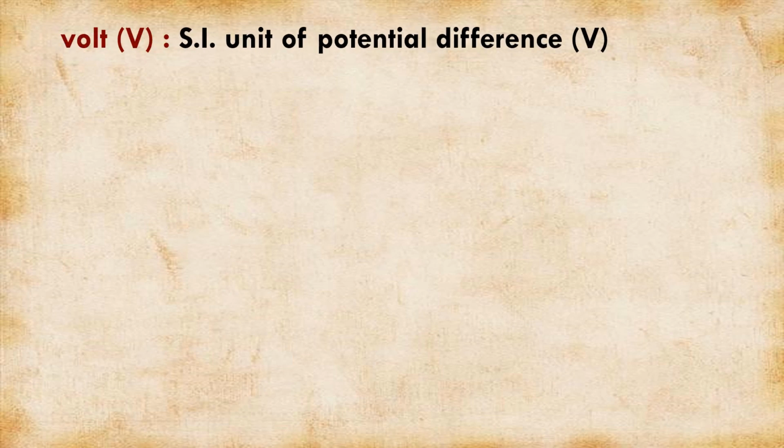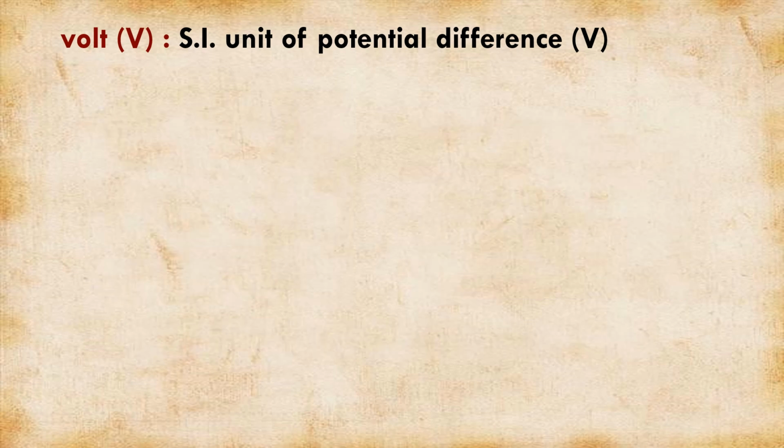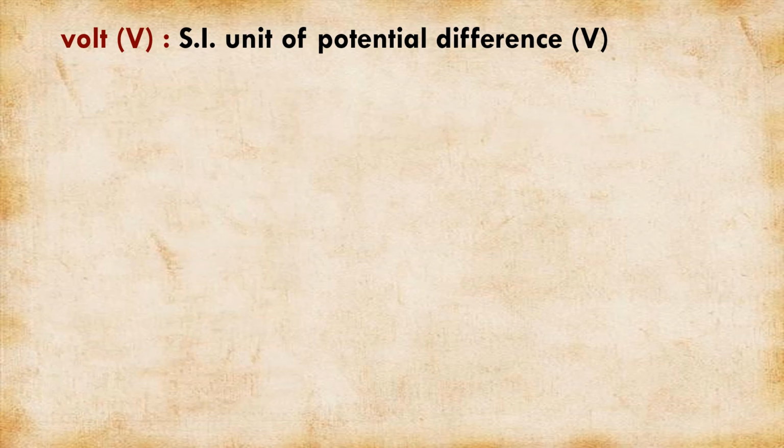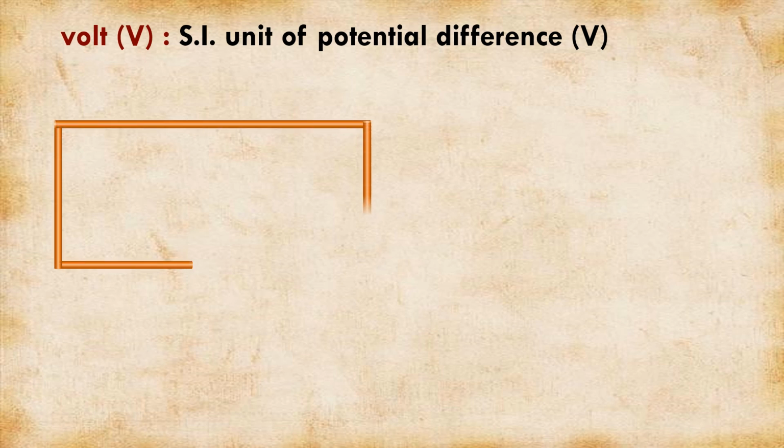Volt, V, is the SI unit of potential difference, symbolized as V. Is high voltage dangerous? Volt is a unit for measuring potential difference. Volta was the scientist who discovered the voltaic cell. A circuit consists of a cell with positive and negative terminal.